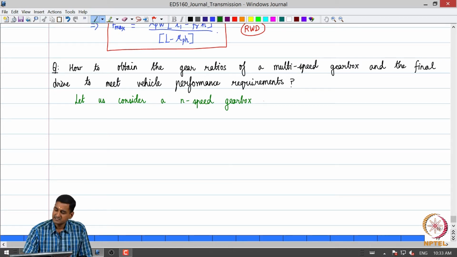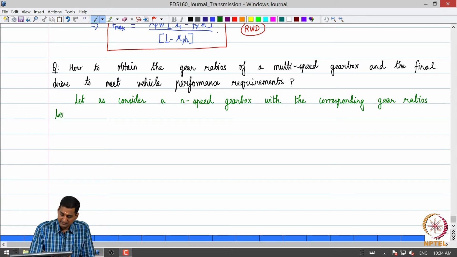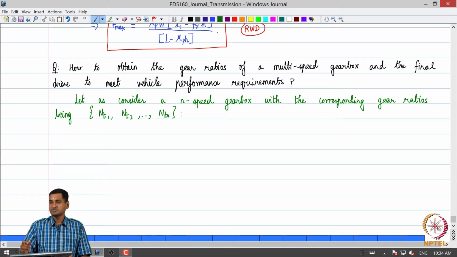So, let us consider an n speed gearbox with the corresponding gear ratios being NT1, NT2 all the way till NTN. So, we need to determine the values of NT1 through NTN.